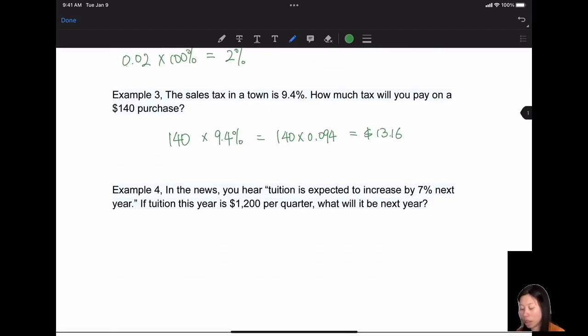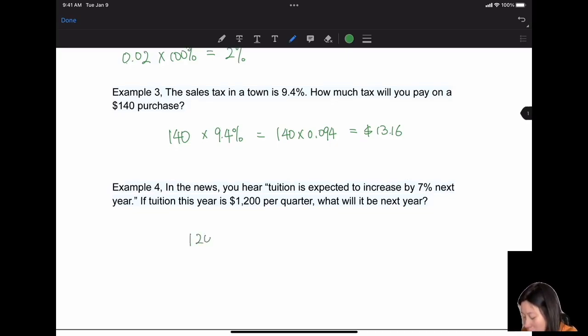So here's another example. In the news, you hear tuition is expected to increase by 7% next year. If the tuition this year is 1,200 per quarter, what will it be next year? Okay, this is another percentage problem. Let's see how much you increase.